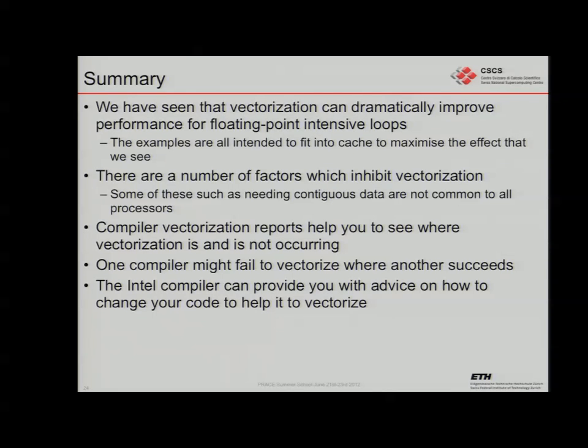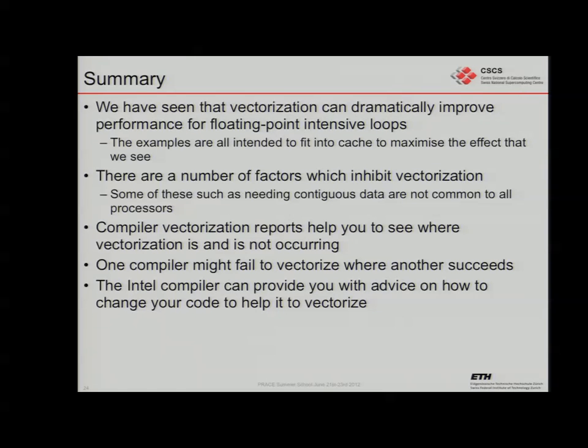We've already seen we can dramatically improve performance on some floating point intensive loops if we've already done the optimization for the cache, which, as we said at the beginning, was artificially squeezing this problem down so we don't have any cache effects. There are, as we saw, a number of factors which inhibit vectorization.